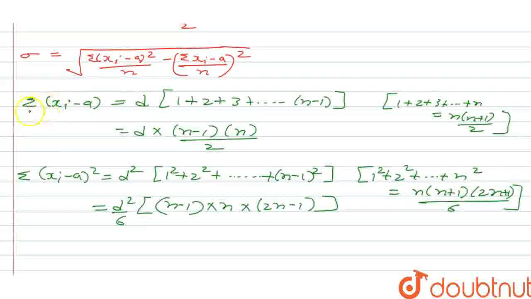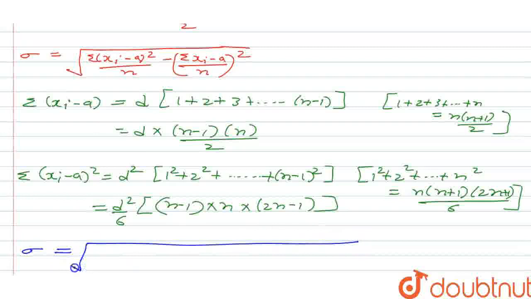Now we are going to put the value of sigma xi minus a and sigma xi minus a whole square into the formula of sigma. So sigma is equal to, we can write under root of sigma xi minus a whole square upon n. So it will be d square into n minus 1 into 2n minus 1 upon 6, into n also.